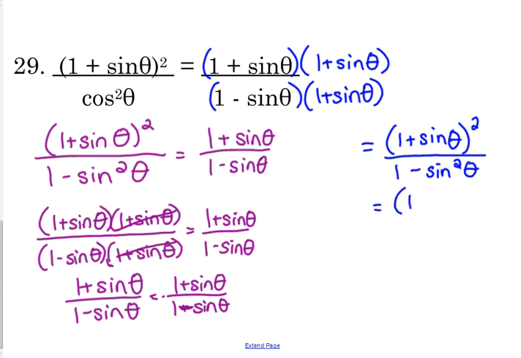And our Pythagorean identity says 1 minus sine squared is cosine squared. So, either way, either side, you can get it.